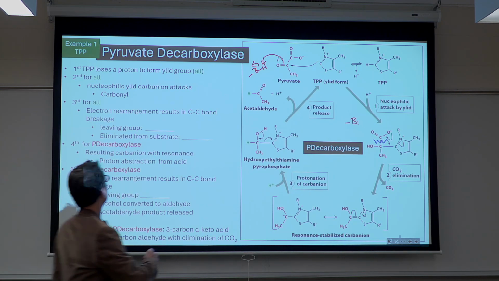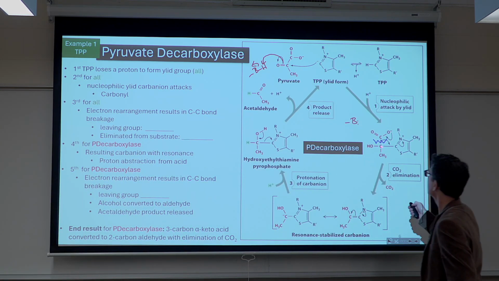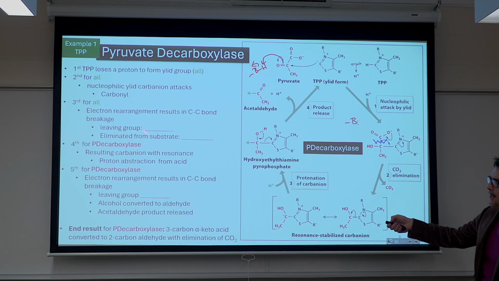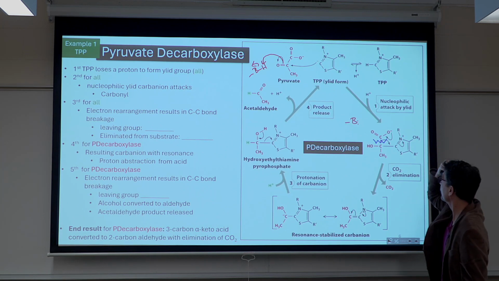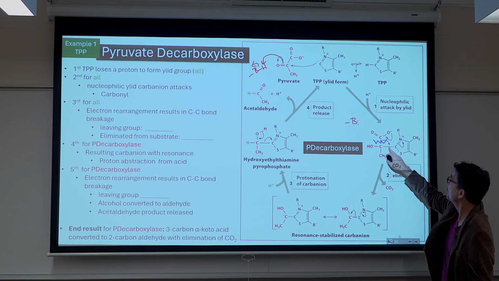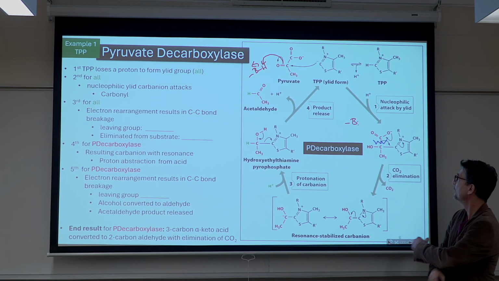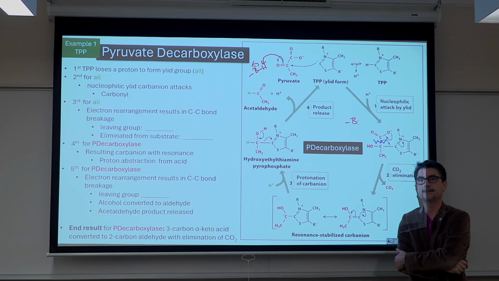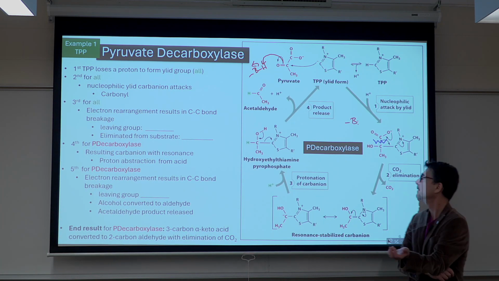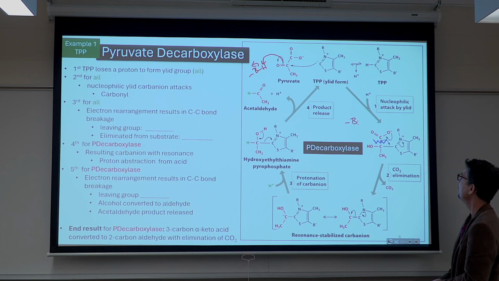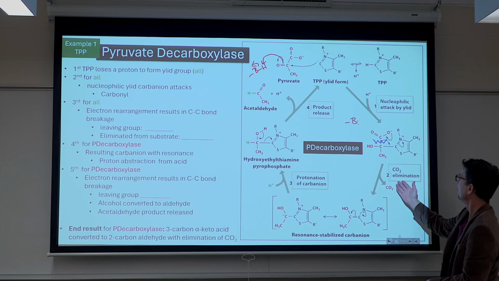And so when we look at this carbon-carbon breakage, what's the leaving group here? What is the leaving group to get from here to there? The leaving group is whatever part the electrons go to. So would that be carbon dioxide?